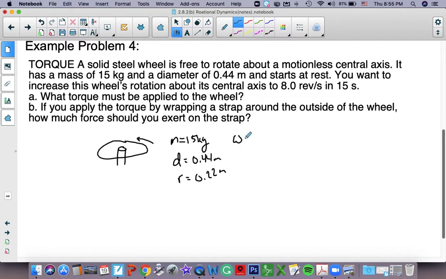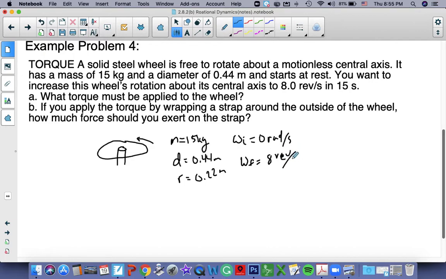Since it's a rotational system, our angular velocity from rest is 0 radians per second. Okay, and we want to increase the wheel's rotation to 8 revolutions per second. So our final angular velocity is going to be 8 revolutions per second.